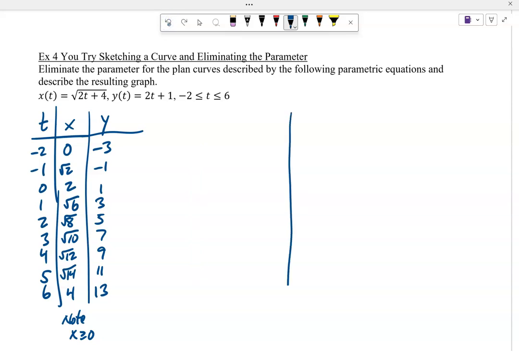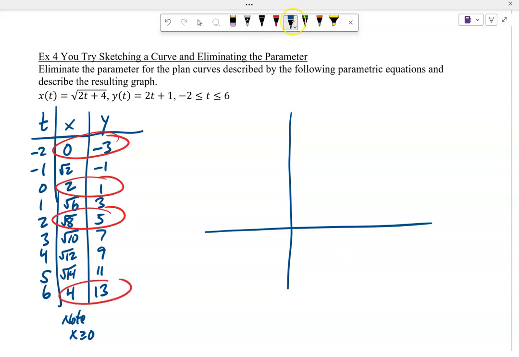But let's go ahead and draw this. Let me do it over here. And I'll use some of these points. 0, -3. Let me use like 2, 1. That's almost 3, 5. And use those. So it's for t being -2.